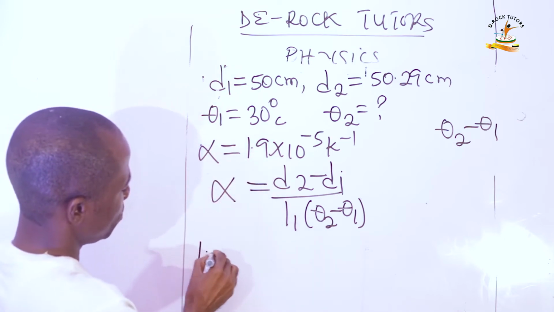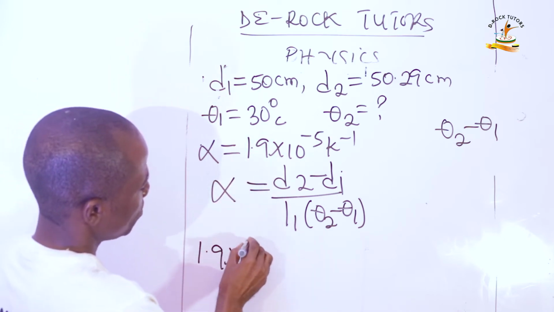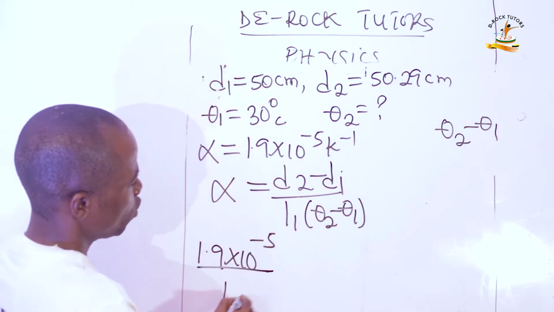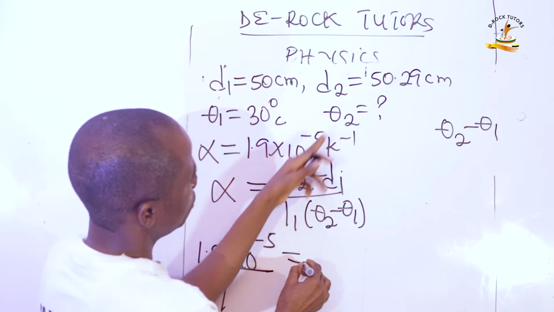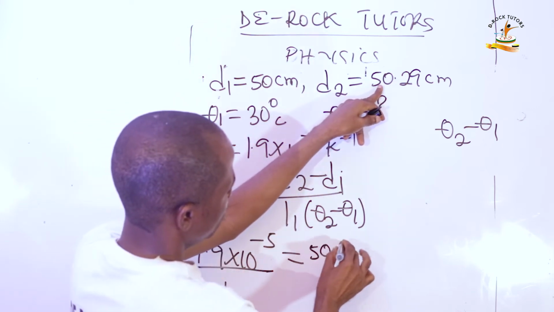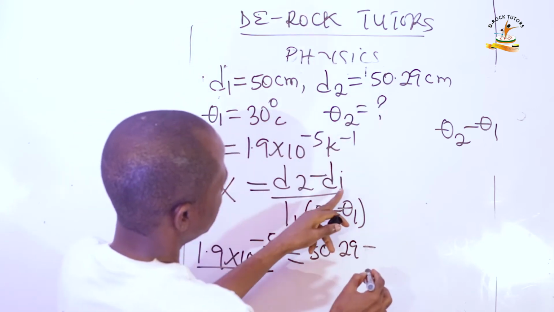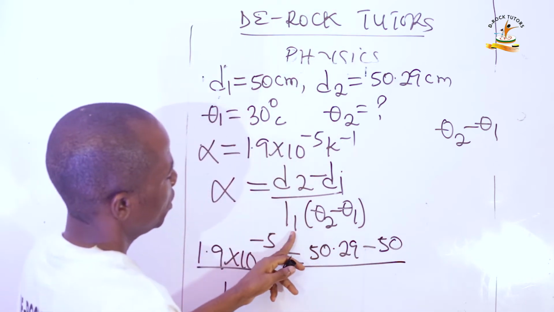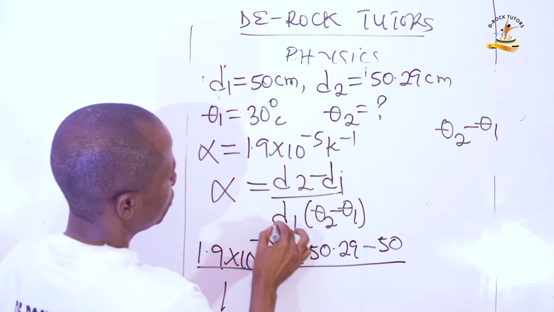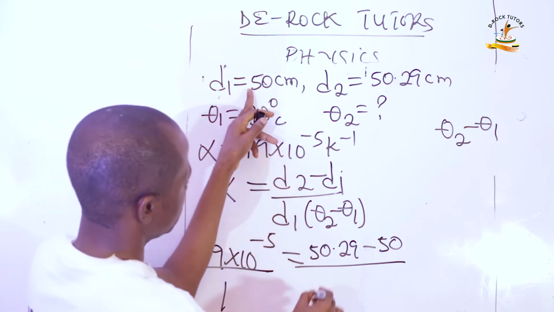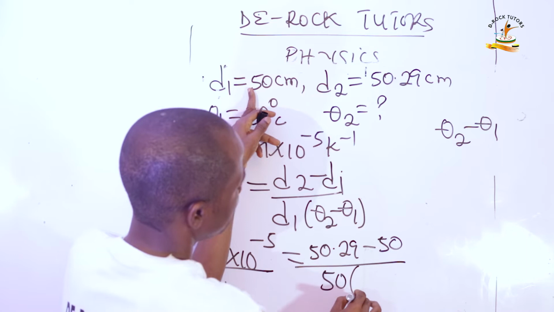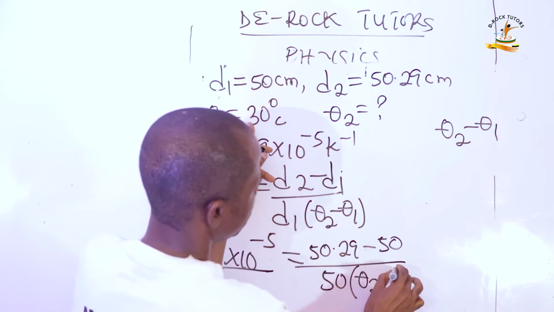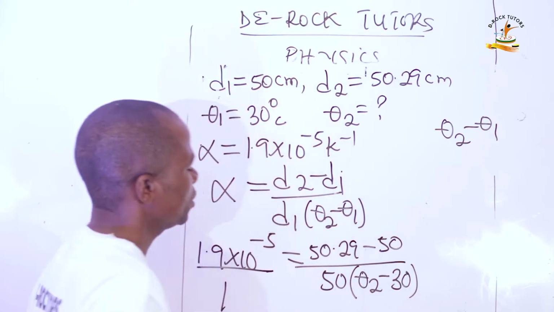Let's substitute it: 1.9 times 10 to the power minus 5, as given in the question, is equal to D2, that's 50.29, minus D1, that's 50, divided by D1. We've forgotten to change this one to D1. That's D1, that's also 50. Then times our theta 2, what we have to calculate, minus the initial temperature, that is 30.